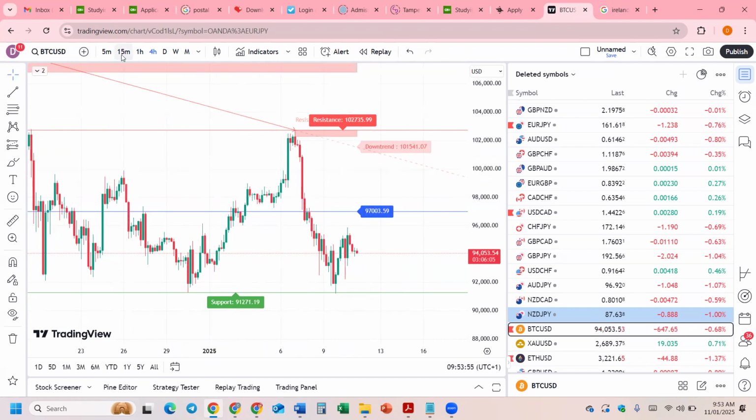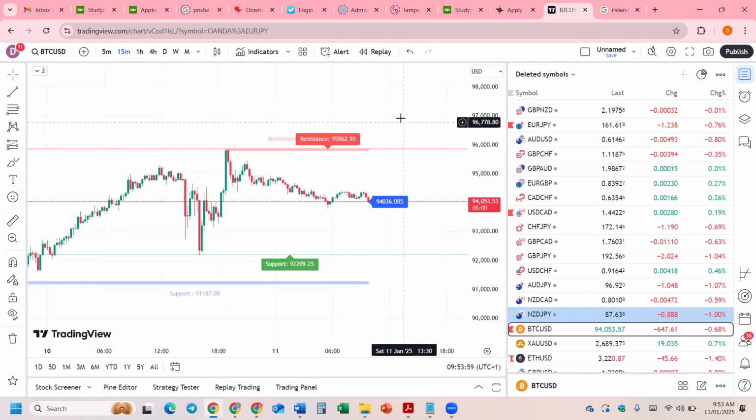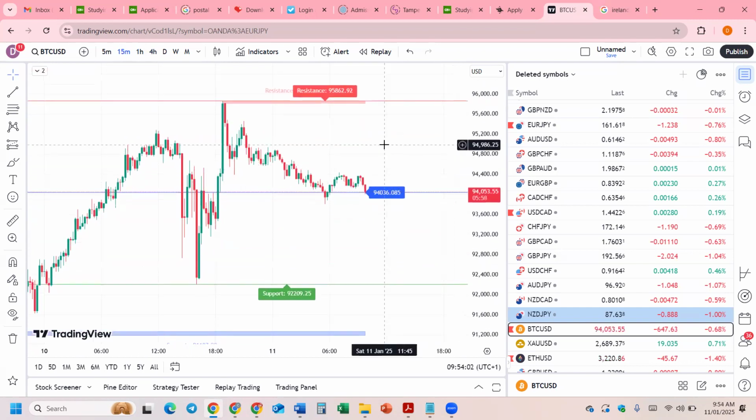I base my entry on the 15 minute time frame. So you can see that I will enter my entry on the 15 minute time frame.